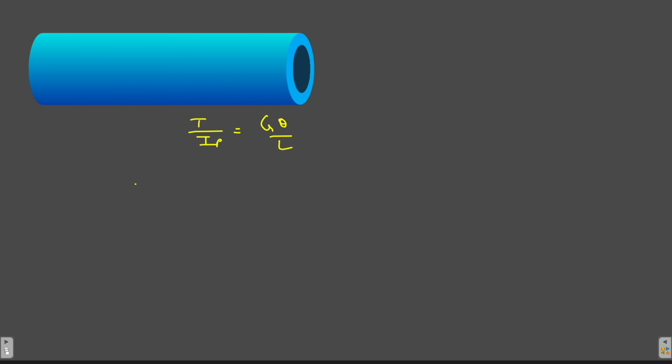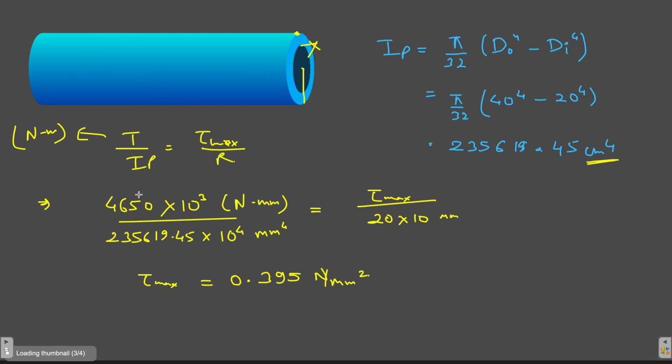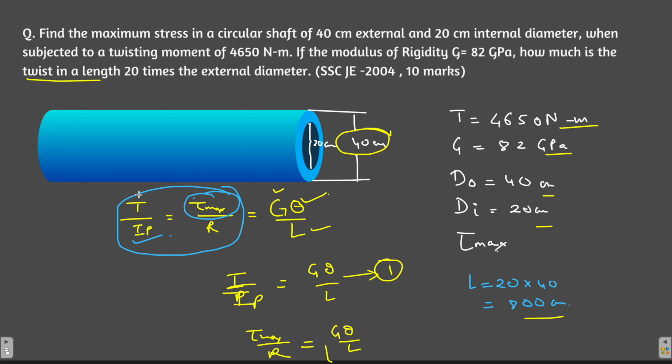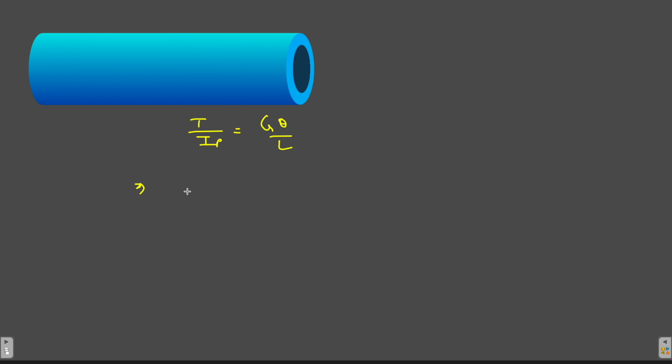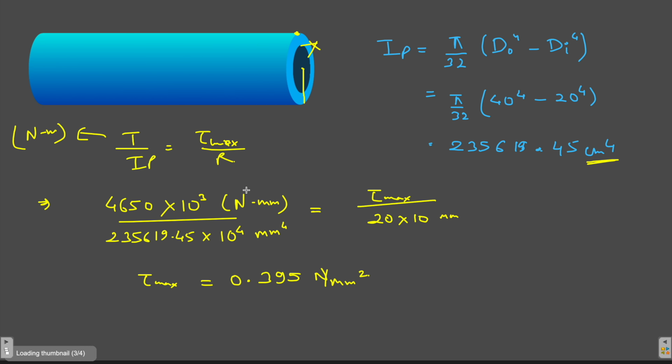We have to find out theta. Everything else is given to you. Now, what is T over here? Torsion is 4650 Newton meter. So let me write it down. It is 4650 into 10 to the power 3, because I'm converting it into Newton millimeter. IP, what is the value of IP?